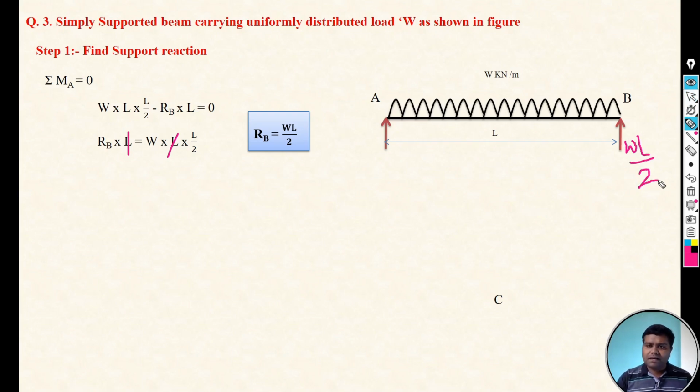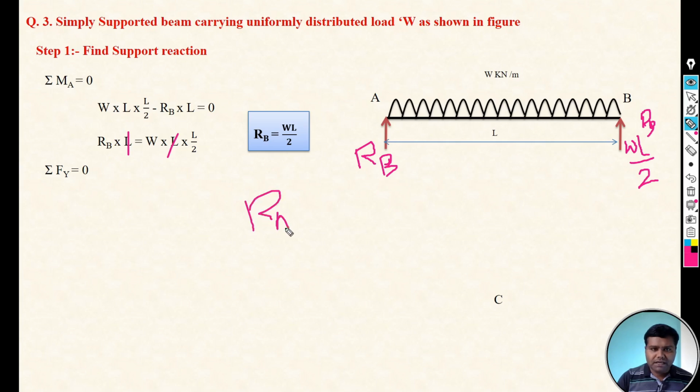Now applying another equilibrium condition, that is summation Fy equals 0, we can easily calculate the other support reaction at A point, that is Ra. Summation Fy means the algebraic sum of all vertical forces. Here we have considered one support reaction at A point, Ra, and at B point RB, where Ra is upward and RB is also upward, so both are positive.